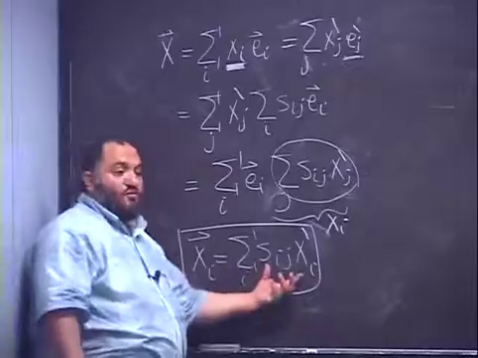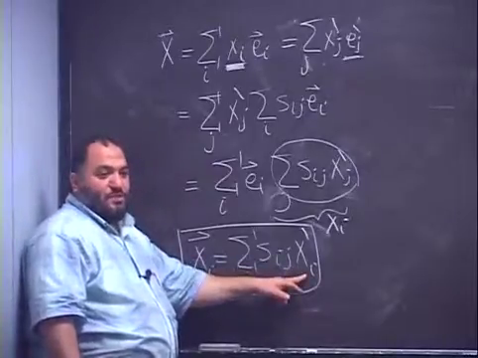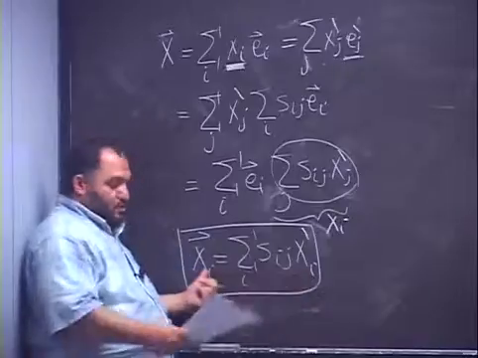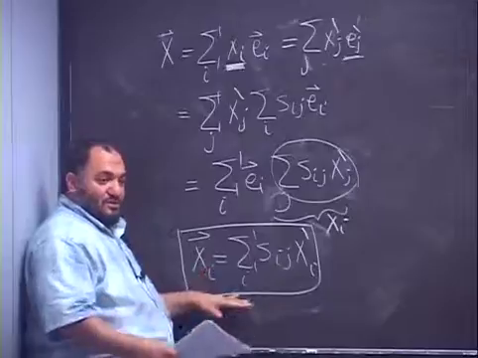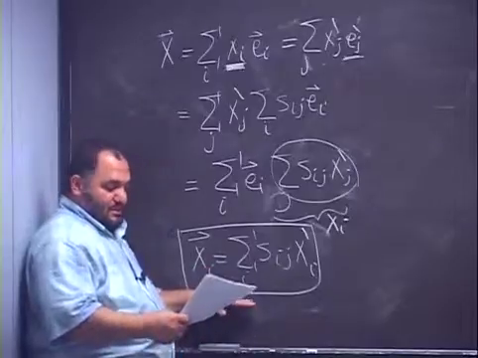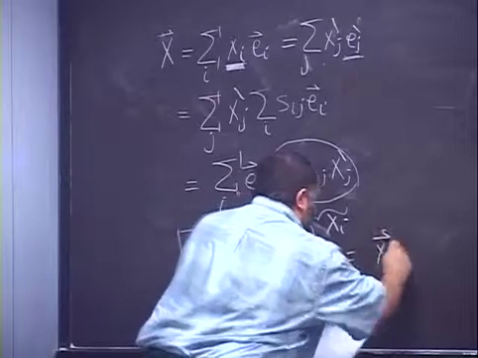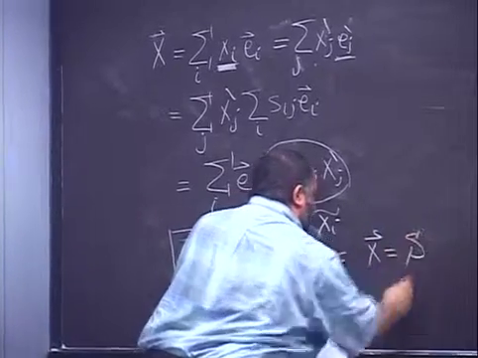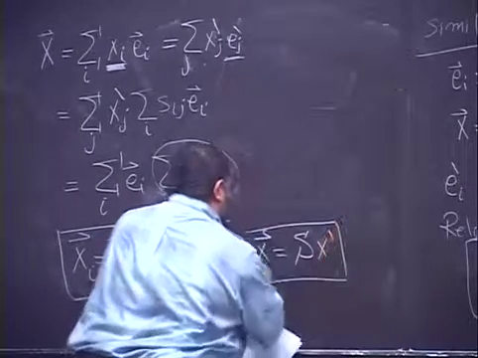This is the transformation matrix that transforms the components from the primed space to the unprimed space. Did you see this one? So I can write this one as X equal to a transformation matrix multiplied by X prime. I can write it like this.